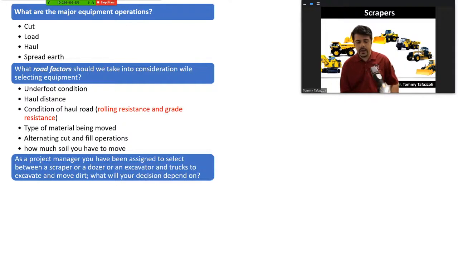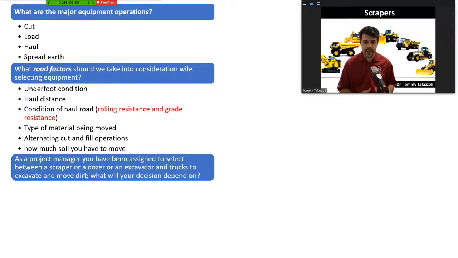Now, as a project manager, you have been assigned to select between a scraper, a dozer, or an excavator and trucks. So we have scraper, that's choice 1. Choice 2 is a dozer, and choice 3 is excavator and truck.